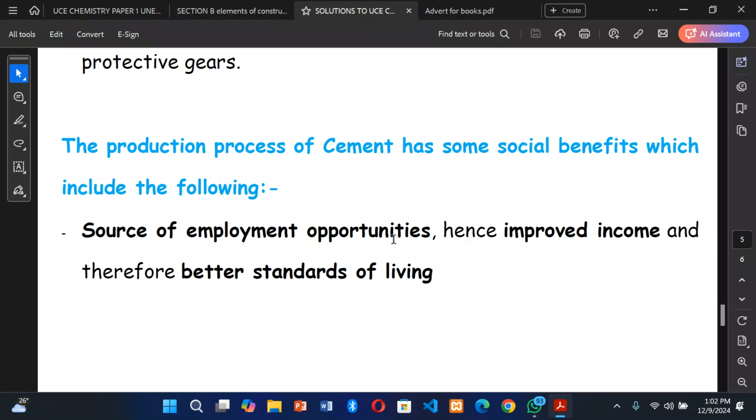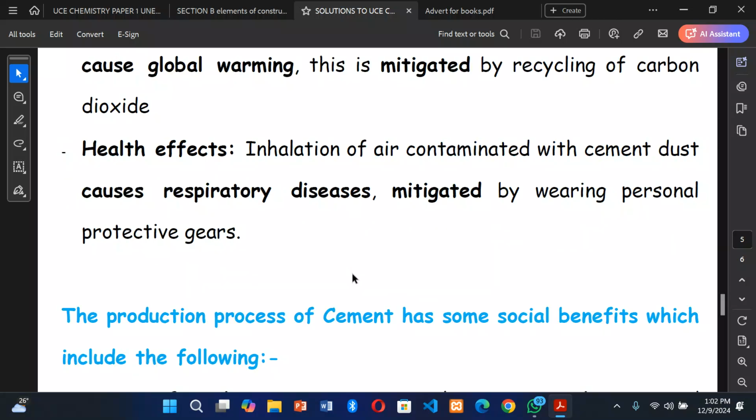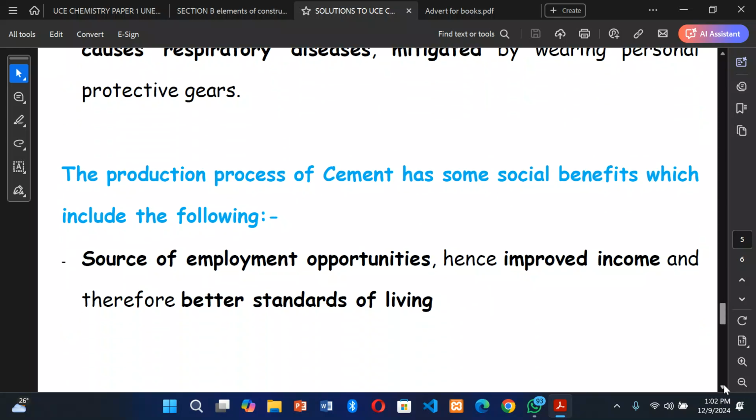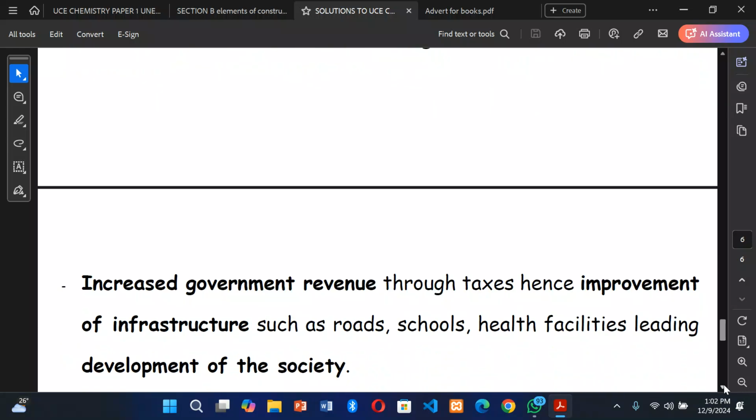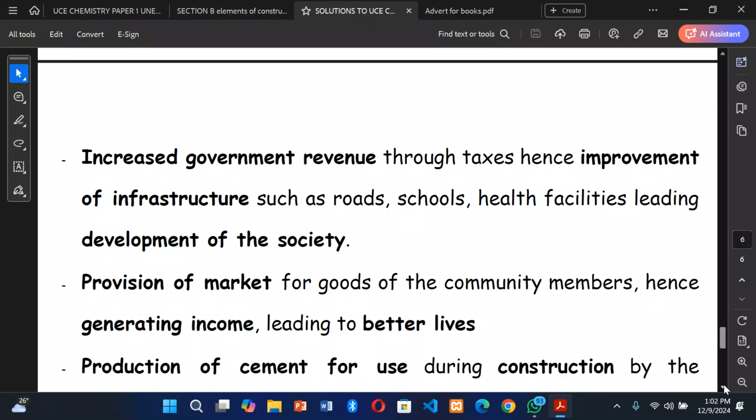So these 3 marks, please, let's always grab them as early as possible. We're saying source of employment opportunities, a mark, hence improved income, a mark, and therefore better standards of living, another mark. So those are the 3 scores that we have been talking about. But I also added 2 other points.